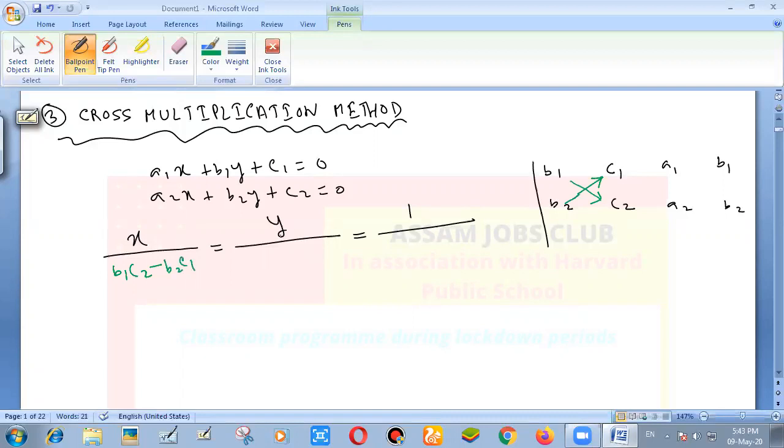In the denominator of y you have to write c1 a2 minus c2 a1. Then in the denominator of 1 you have to write a1 b2 minus a2 b1.